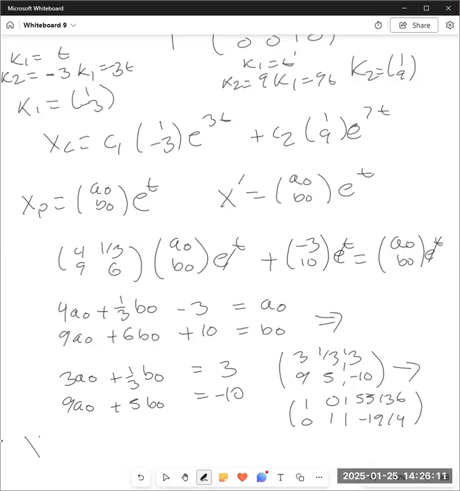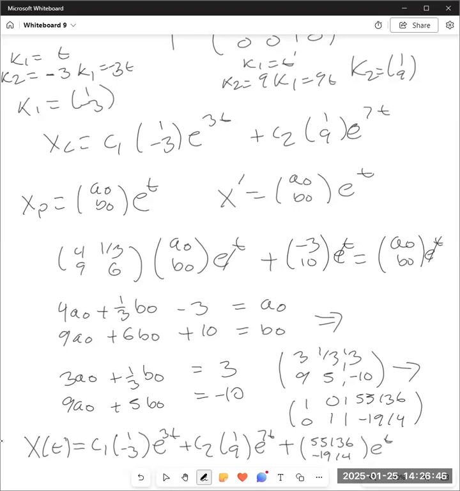So my total x(t) is my xc, C1 [1; -3] e to the 3t, plus C2 [1; 9] e to the 7t, plus my [55 over 36; -19 over 4] e to the t for my xp, as my total solution.